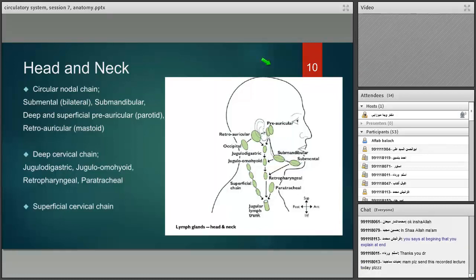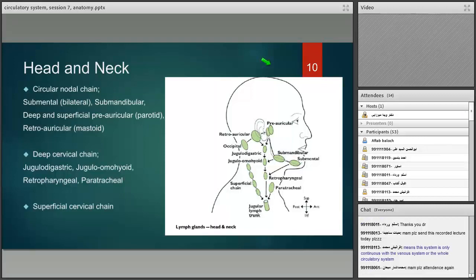Okay? After the mastectomy, the physician will remove all the axillary nodes.